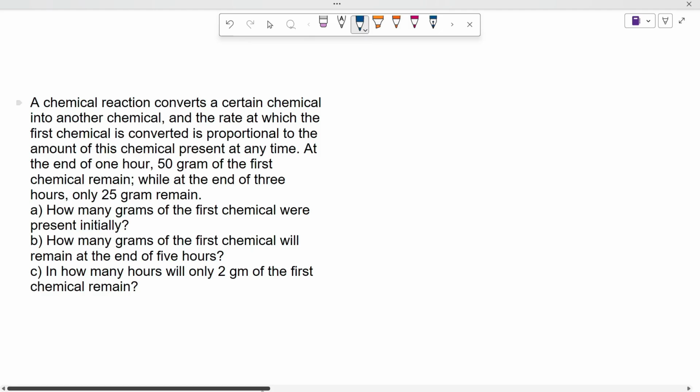At the end of 1 hour, there is 50 grams of the first chemical remaining. 50 grams daw ang natira at the end of 1 hour, guys. Gets?